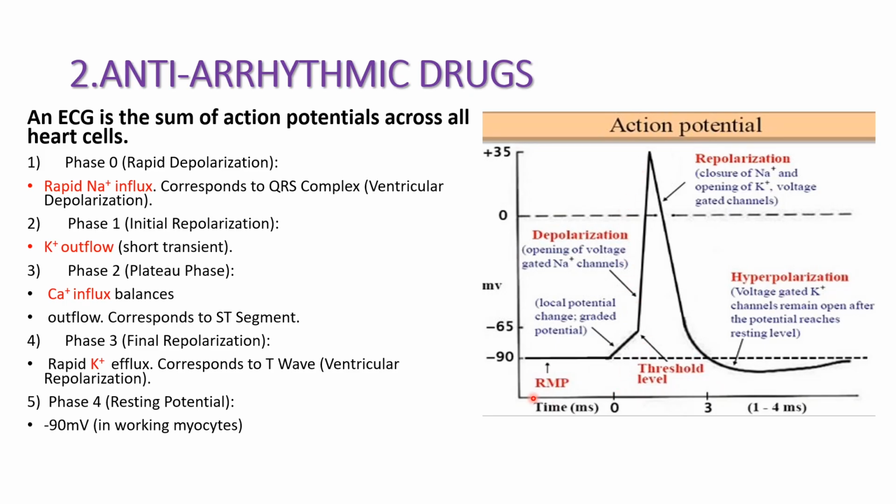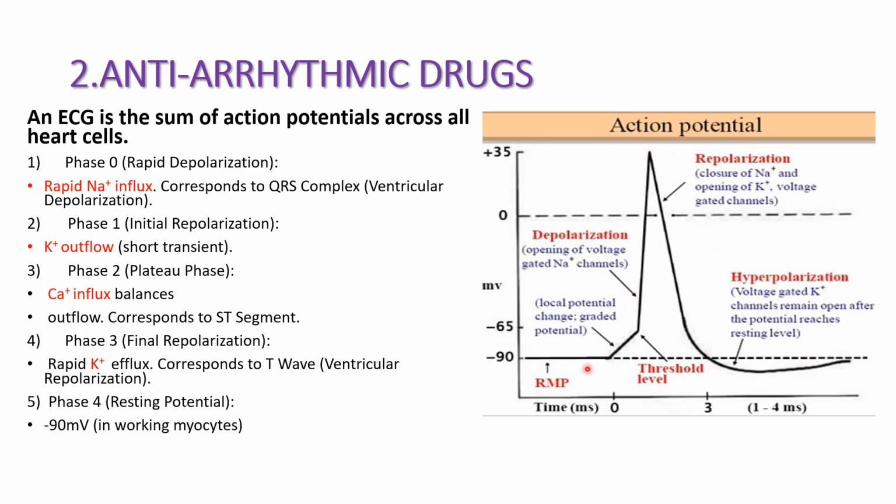This is the action potential of the heart, which generally goes from minus 90 millivolts to plus 35. In this range only, the action potential occurs in the heart. Minus 90 is called the resting membrane potential, and the action potential is divided into 5 phases.